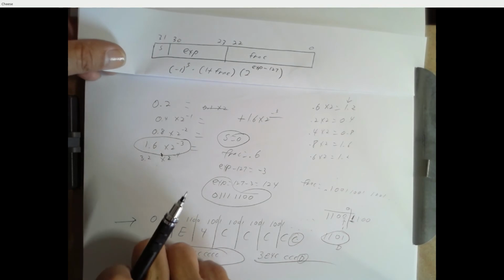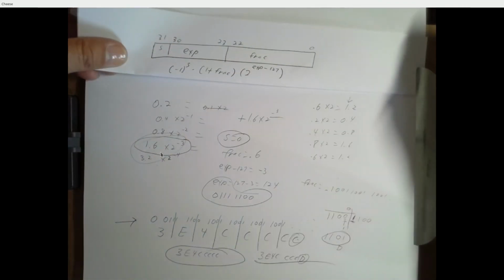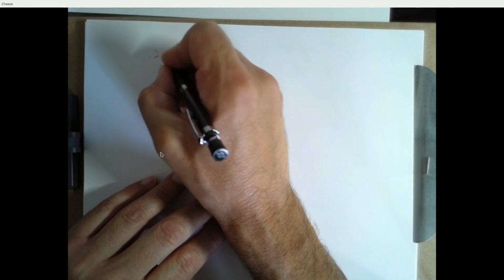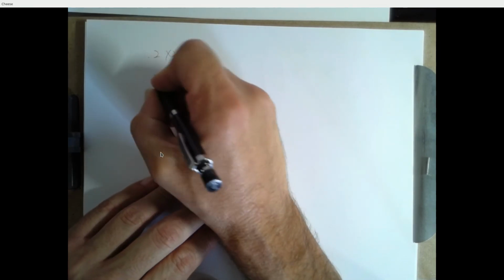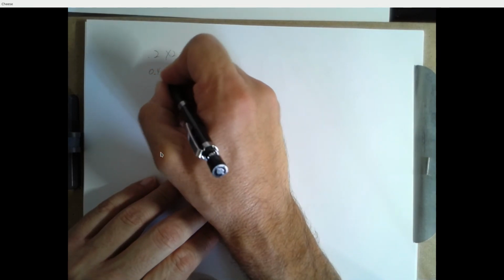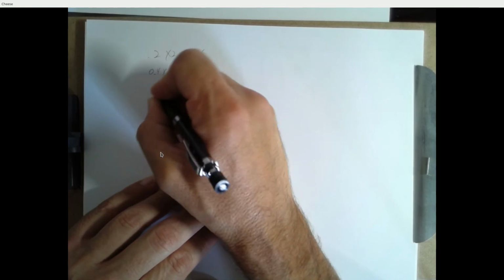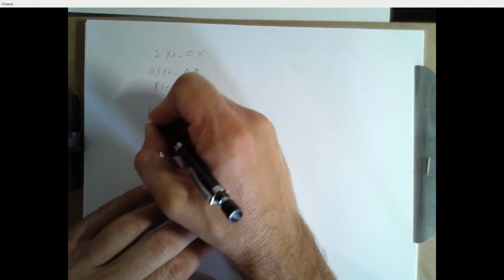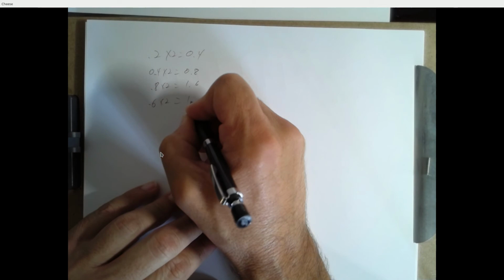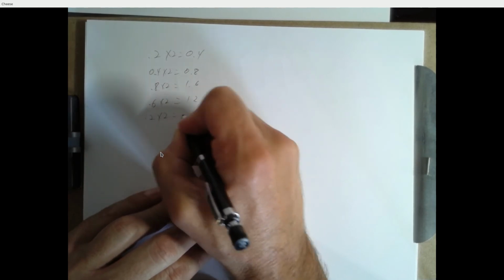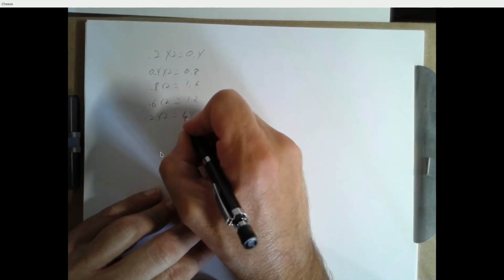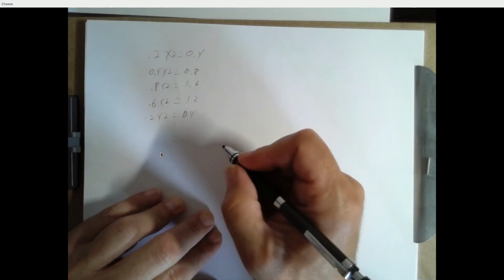If you don't want to do this stuff in the beginning, let me show you a different way to do this. The number 0.2, let's pick on that again. So 0.2 times 2 equals 0.4. 0.4 times 2 equals 0.8. 0.8 times 2 equals 1.6. 0.6 times 2 equals 1.2. 0.2 times 2 equals 0.4, and so on.